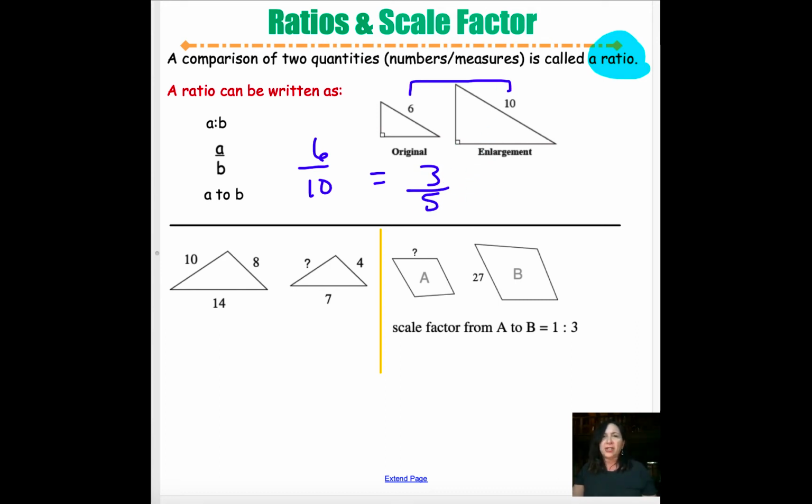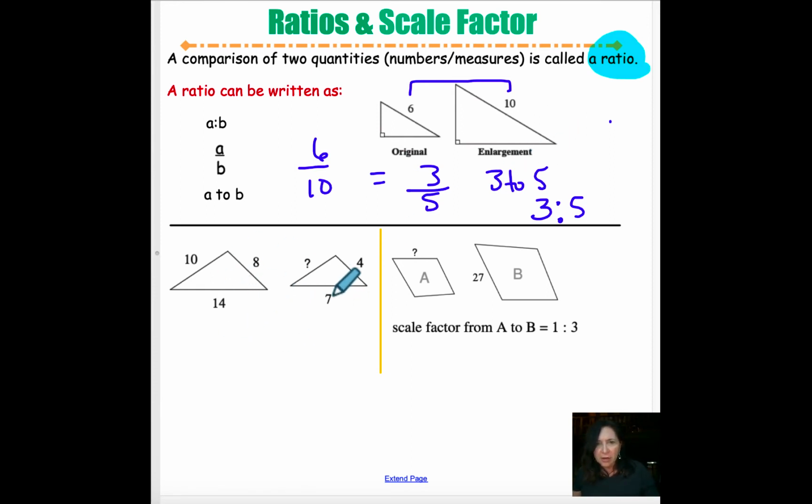So that's my ratio of the 2 values. Don't forget that when you write this as a ratio with 3 to 5, you can also write it as a fraction like this, or you can write it as 3:5. And that would be the scale factor from small to large.